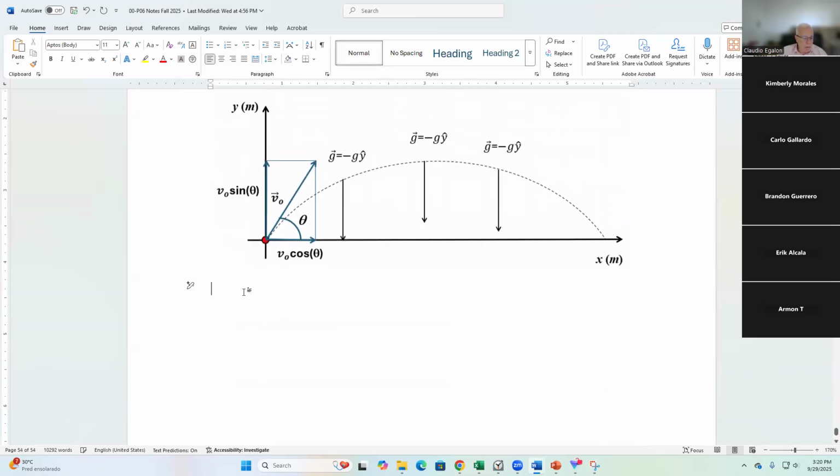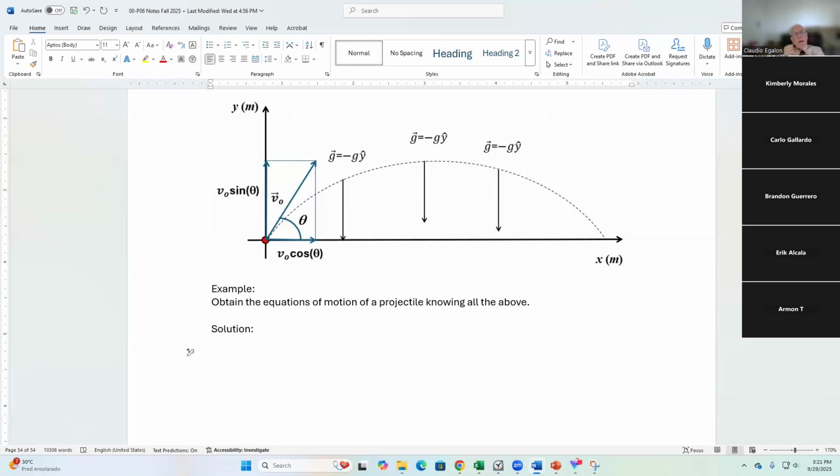Okay, so what we want to do here, let's treat that as an example. Obtain the equations of motion of a projectile, knowing all the above. And then you write down the solution.